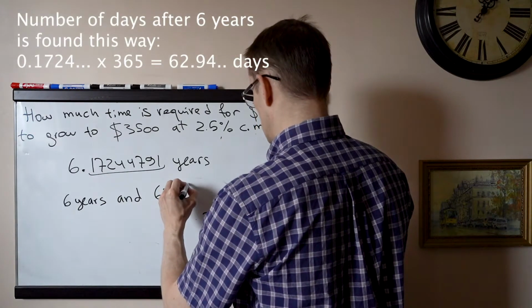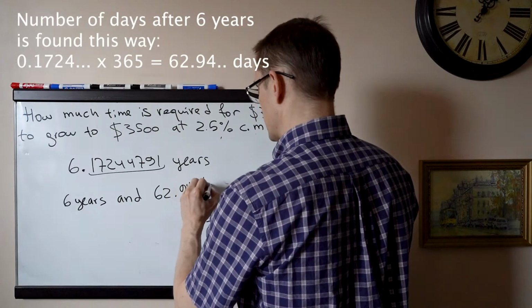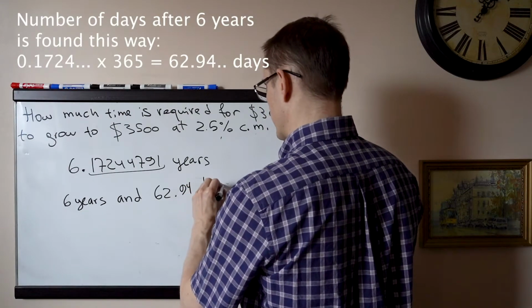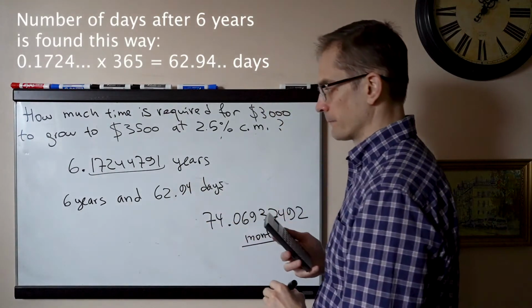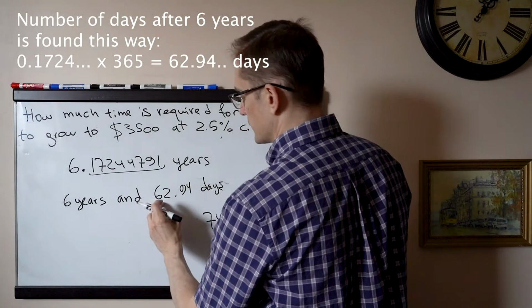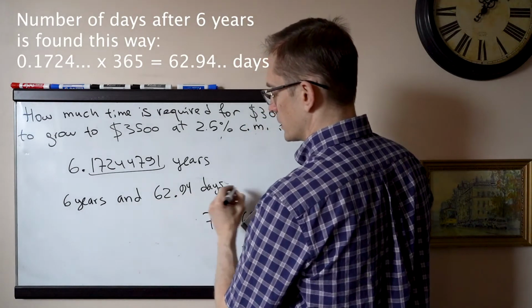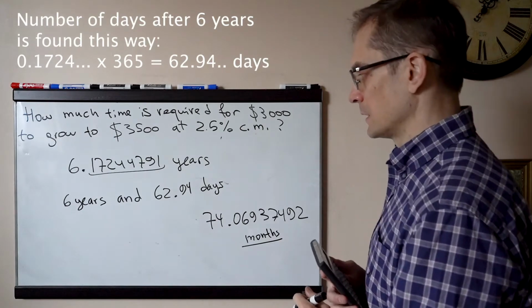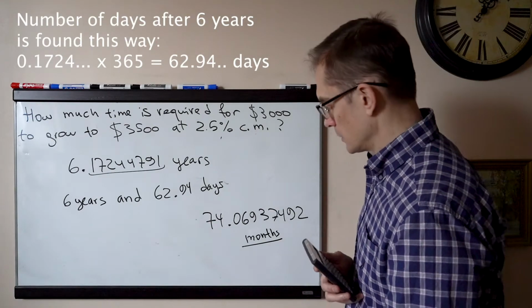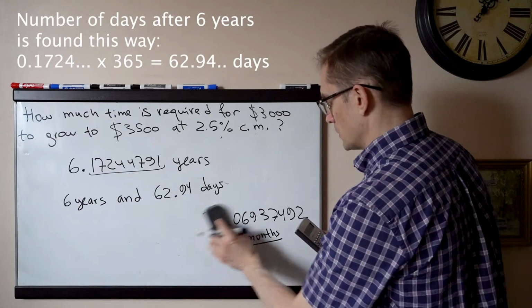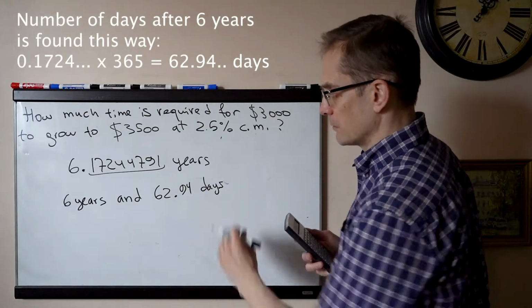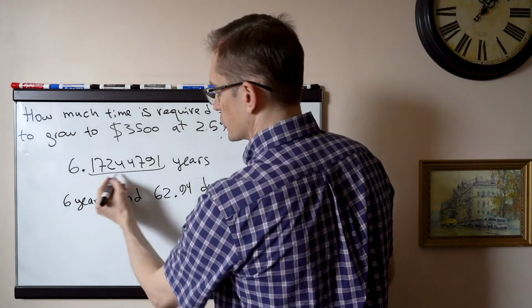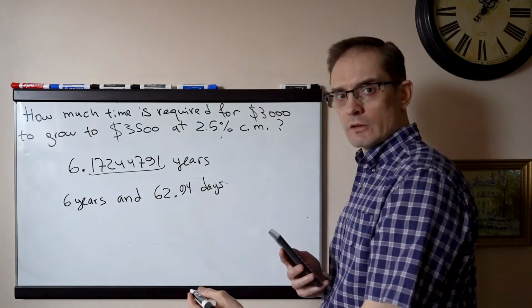62.94 days. So 6 years and 62.94 days. Okay, if you now want to report it in months, you take that fractional component, multiply by 12, right?